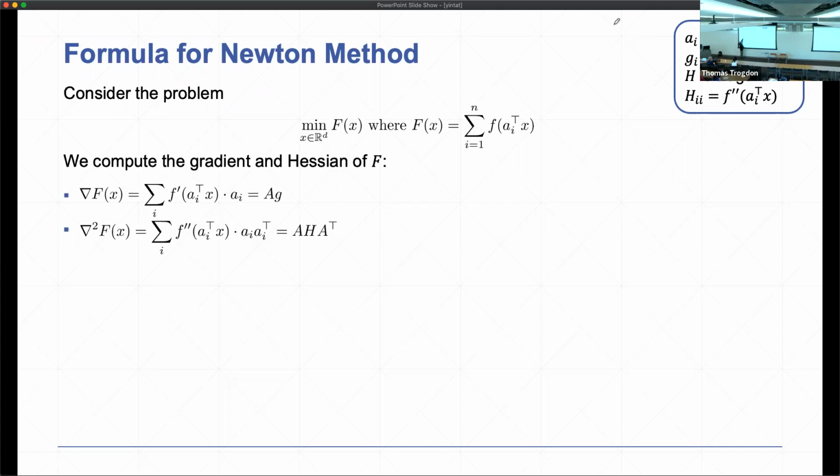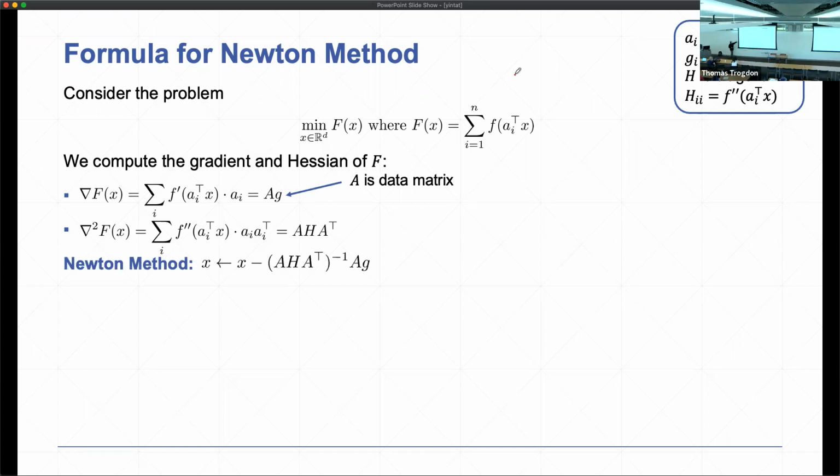The important thing is the Hessian has a very good structure, where H is a diagonal matrix. We will crucially use that H is diagonal. Every entry is the second derivative of Fi. A is the concatenation of every row Ai.